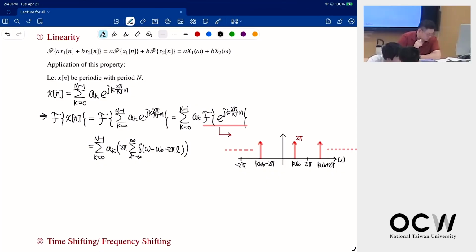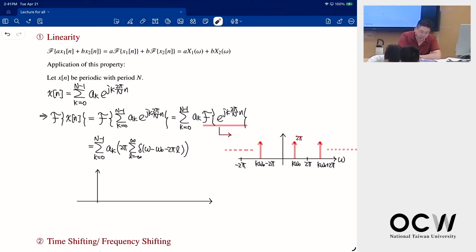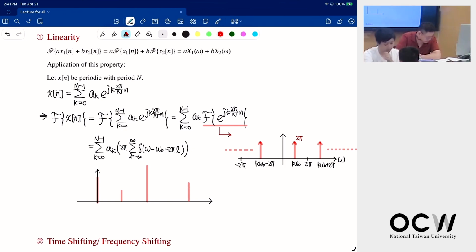Let's plot this. Before multiplying by the coefficient, it will always be 2 pi. Now I multiply by a_k, so I may have 2 pi a naught, then 2 pi a1, 2 pi a2, up to 2 pi a_N, and maybe 2 pi a_(N+1). And remember, it's periodic.